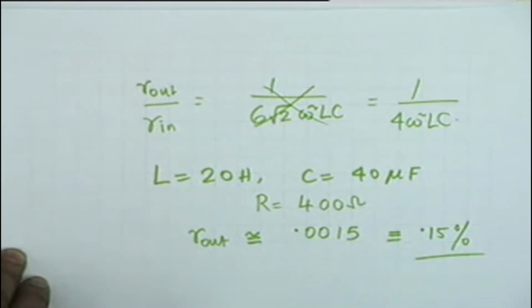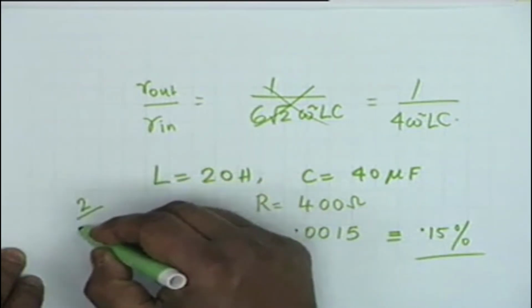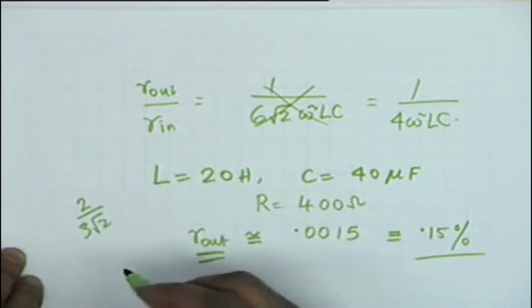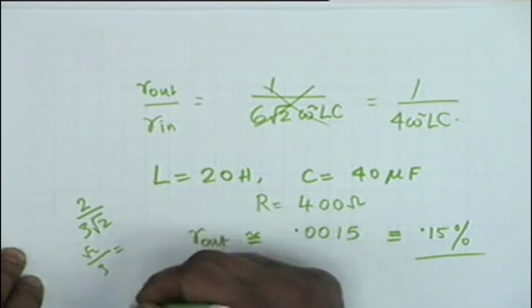It is R out, not R out by R in. Both are dimensionless. The input ripple factor is simply 2 by 3 root 2, which is how much? That is root 2 by 3, equals how much?